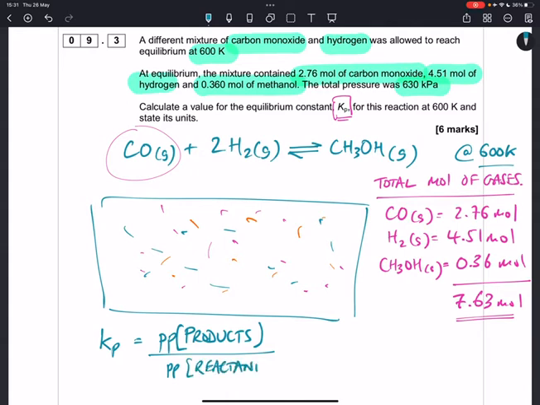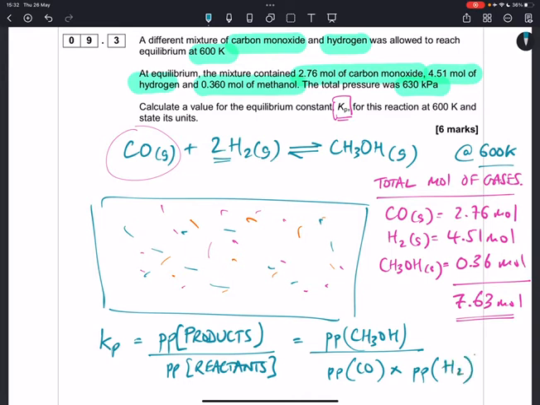The thing you've got to be careful of is you've got to look at the equation. If we've got 2 moles, we have to multiply it by the power there. In the products, we've only got 1 mole of methanol, so it's the partial pressure of the methanol, CH3OH. And then on the bottom, we've got the partial pressure due to the carbon monoxide times the partial pressure due to the hydrogen, which is then squared, because we've got 2 moles there, and that's the trick.